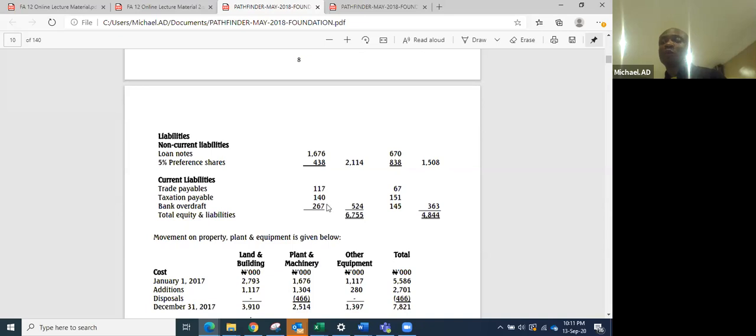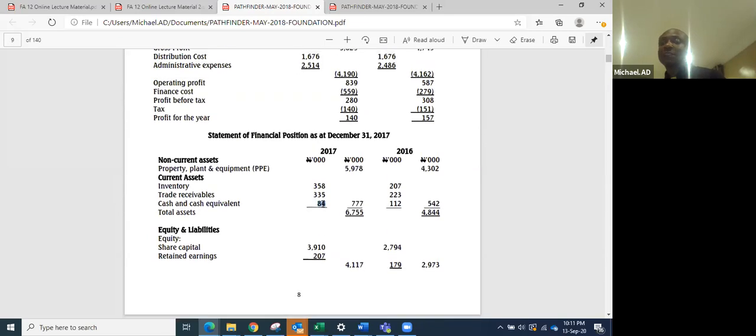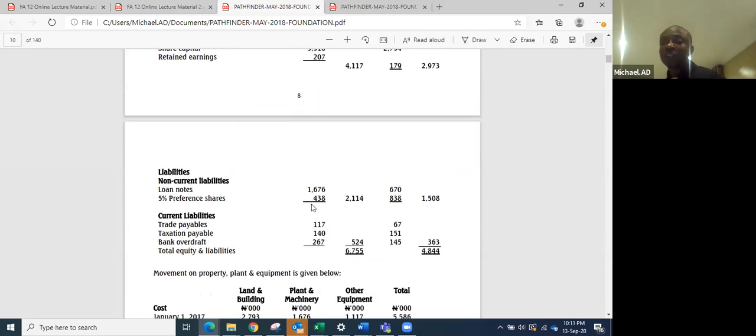Assuming we don't have a bank overdraft, for example, your answer should be ending in 84 naira. But then we have a bank overdraft. So bank overdraft is still the same thing, it is an extension of cash and cash equivalents. But here we are actually deducting it from your cash and cash equivalents.